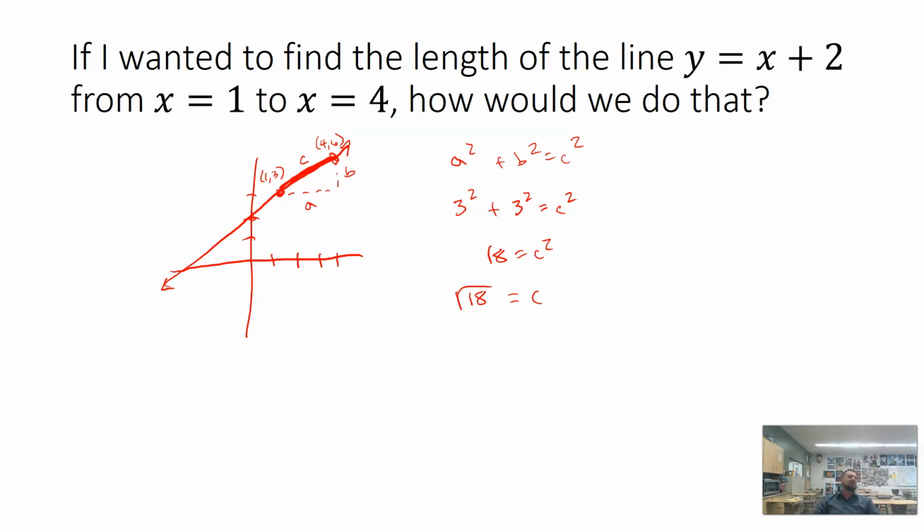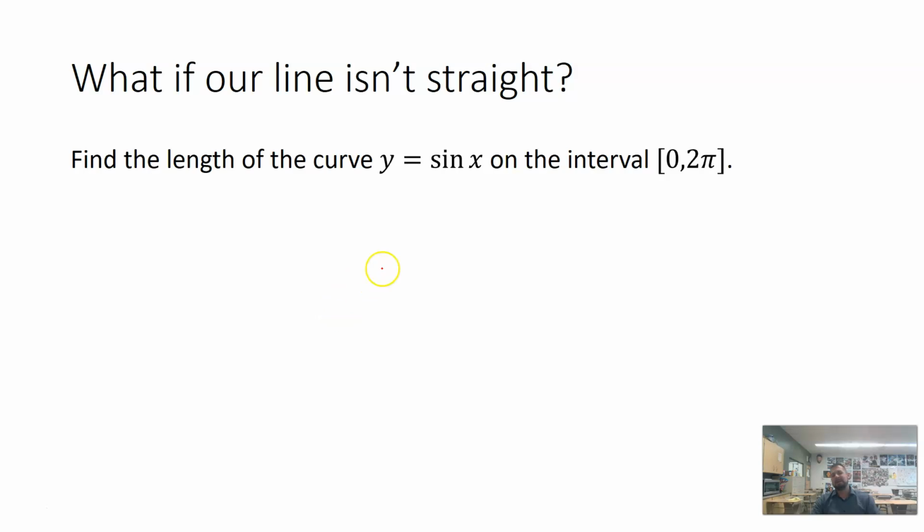And as long as we're looking at a straight line, this isn't a big deal because I can always use Pythagorean theorem to try and find that. The problem is, let's say I was looking at the sine of x. Now the sine of x is a graph from 0 to 2 pi that looks like that. Here's 0, here's 2 pi right there.